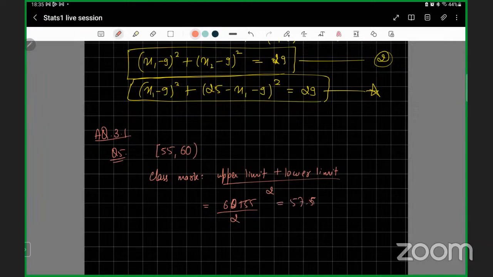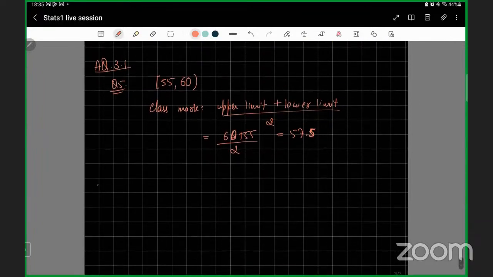Another question is from 3.3, question number 1.